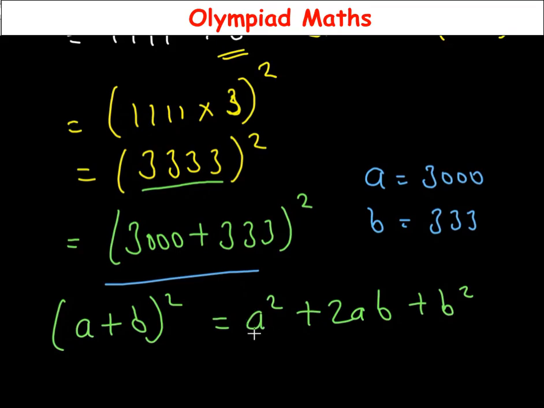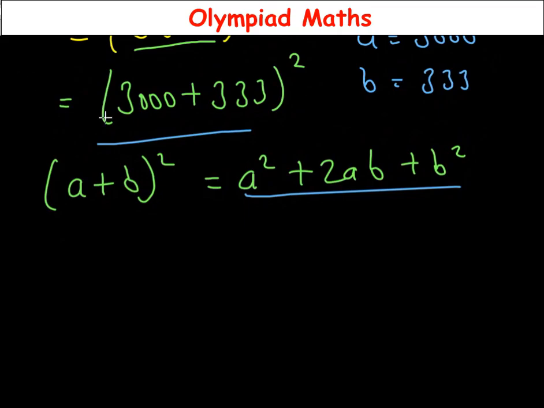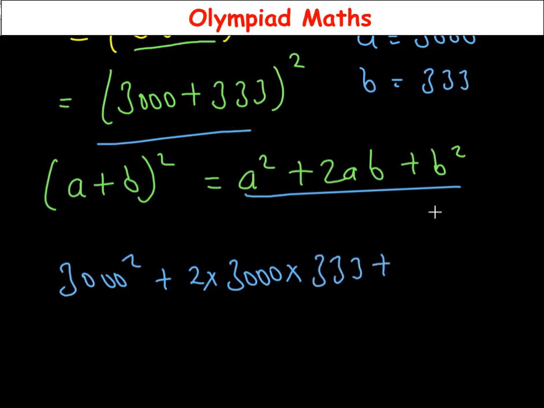Expanding this, a squared is 3000 squared, plus 2 times a, 3000, times b, 333, plus b, 333, all squared.